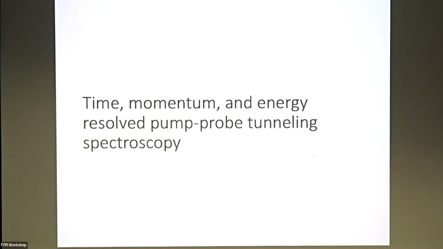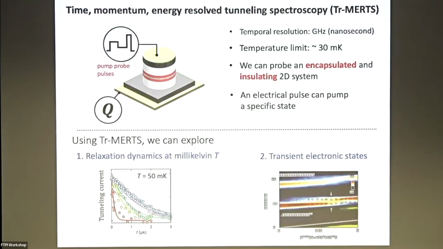Okay, now the next piece of this is to add time to do a sort of pump-probe spectroscopy. So what we're going to do is apply a pulse sequence, and again use this 2-well system.